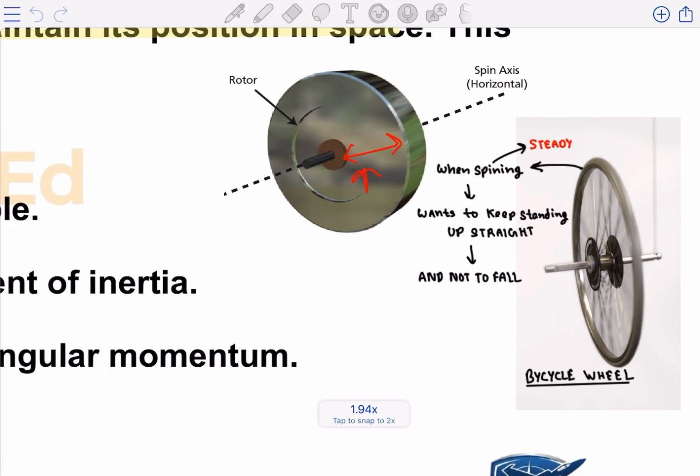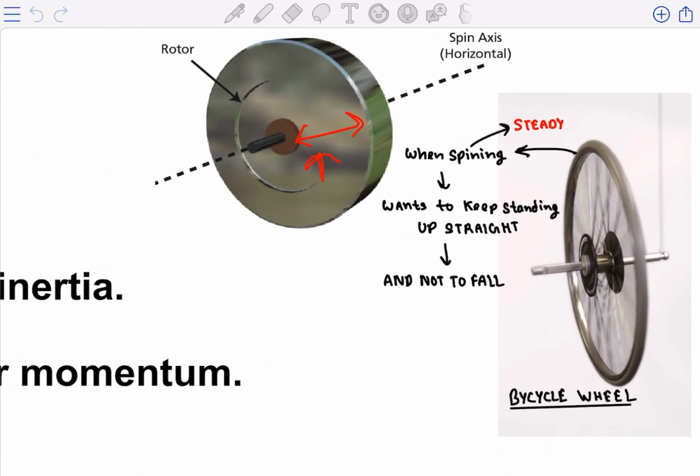When you ride a bicycle, for example, and the wheel is not moving and you try to balance the bicycle, the bicycle will fall and eventually you will also fall, right? But what happens when you ride the bicycle and you pedal it?